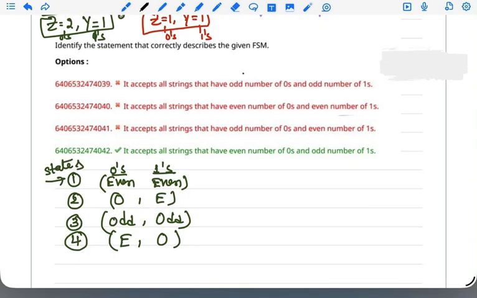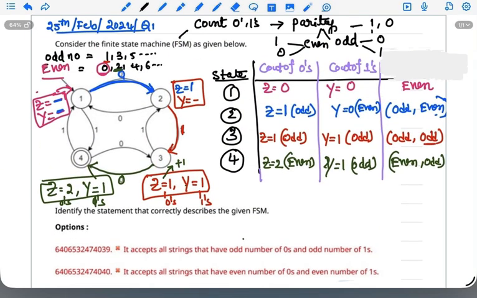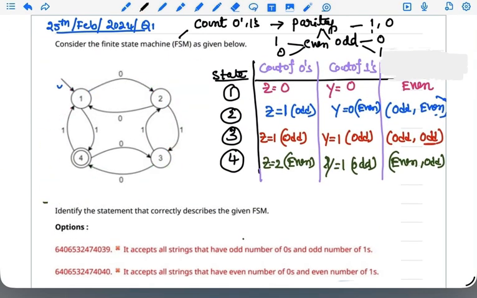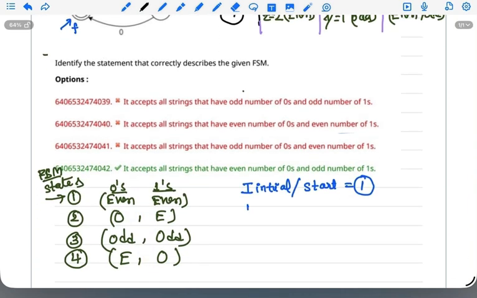States in the FSM. Every FSM has an initial or start state, which is state 1, right? The start state is 1. It is given in the question. This is the start state arrow. The final state is represented by two circles, so the end state is 4, right?